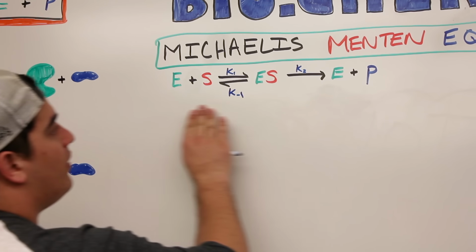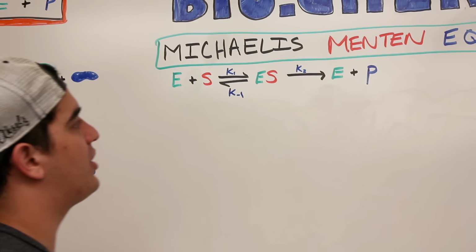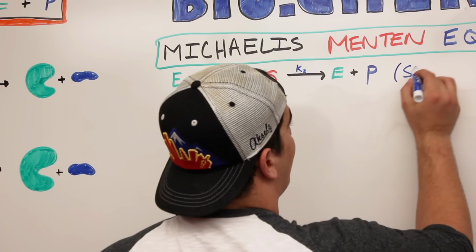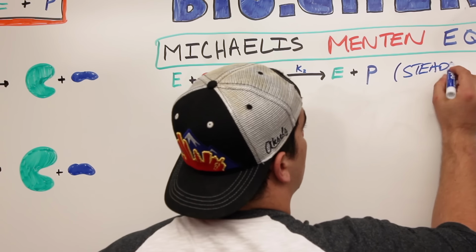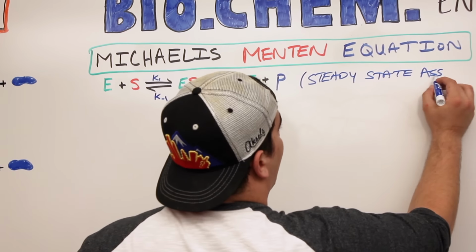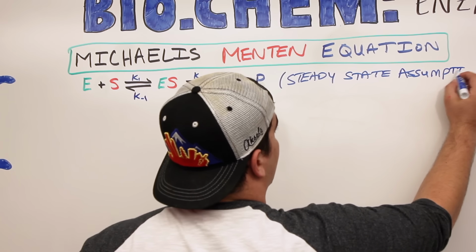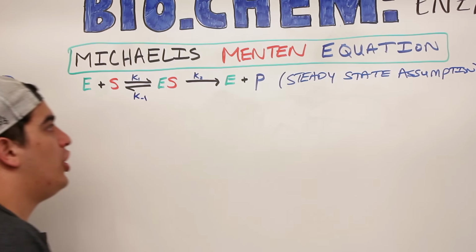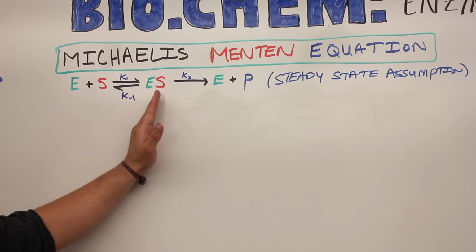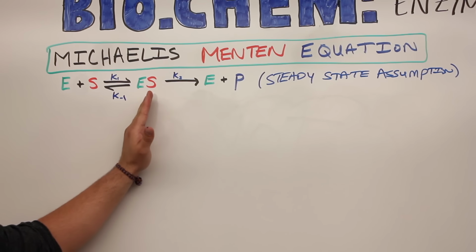Okay, now that we've done this, we have to make a certain assumption. What's that assumption called? They call it the steady state assumption. Basically, the steady state assumption is that your enzyme-substrate formation is equal to the rate of enzyme-substrate dissociation.